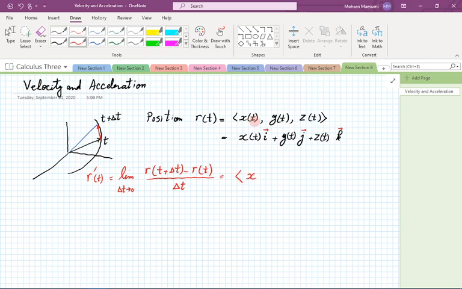I'm going to drop the letter t also to make it less crowded and more visible. So that is going to be our velocity. The velocity depends on how you are traveling on this path. If you change how quickly you go, of course your velocity is going to be different.